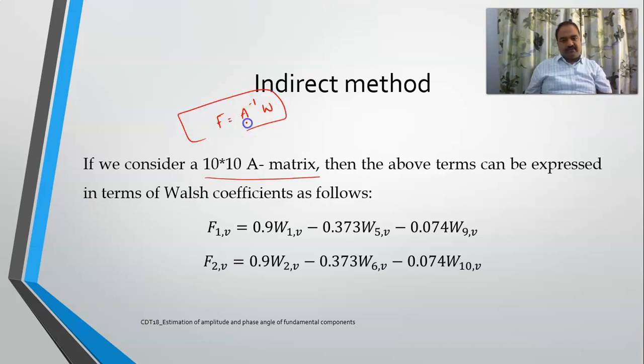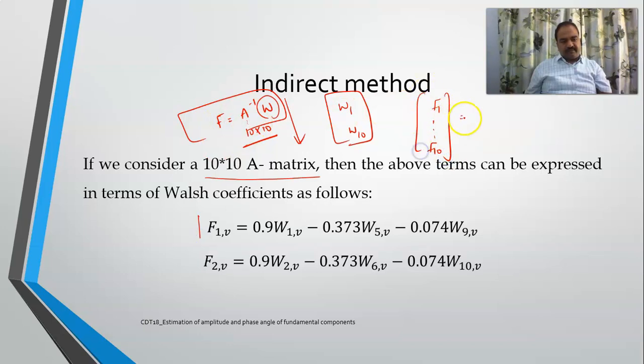So if I do have this 10 by 10 A matrix, and different Walsh coefficients, let us suppose W1 to W10, and if these A values are standard values, then F1 to F10 can be obtained. You can go with F0 also, right?